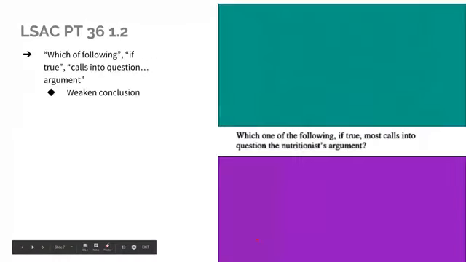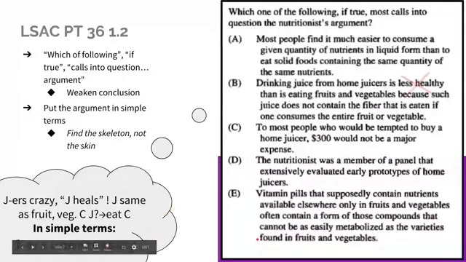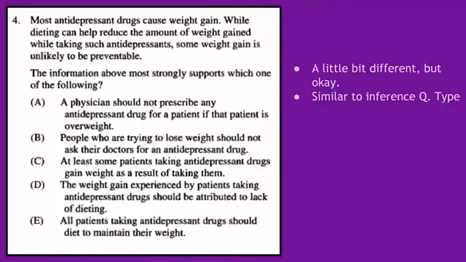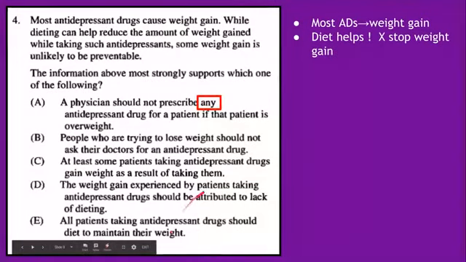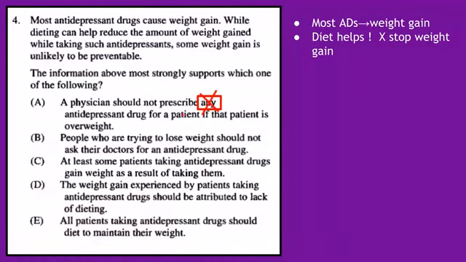Another one of these absolute words is any. If you're keeping a list at home, you can add that to it. So any, easy way to make an answer wrong. We can cross that off because we don't know the specific situations here. They're saying no antidepressants. That's too much of a logical jump.